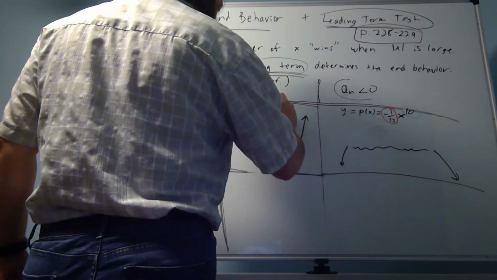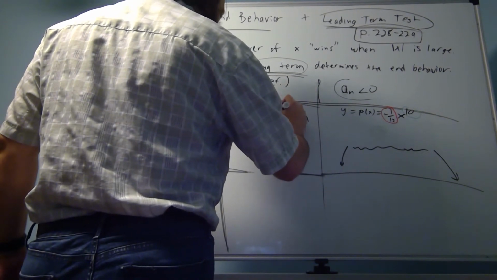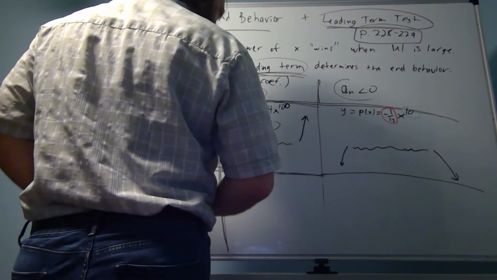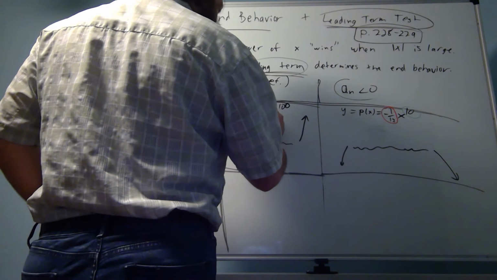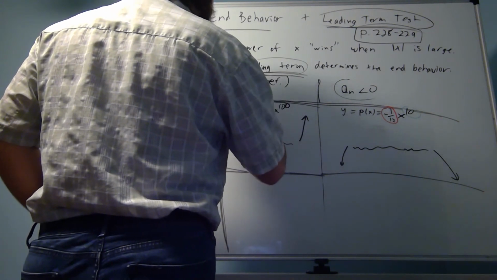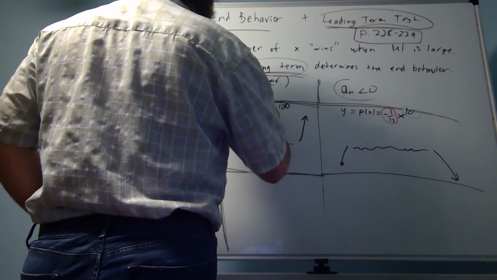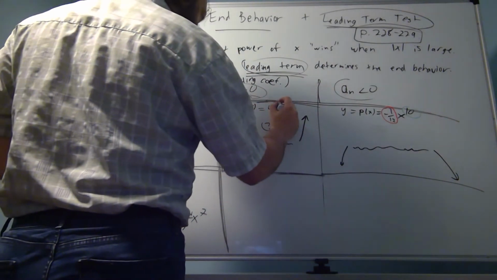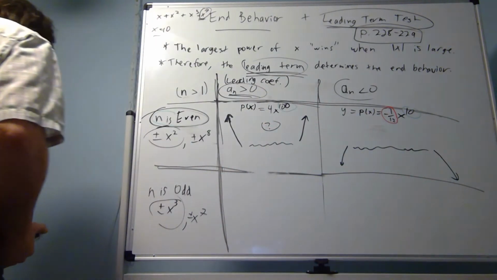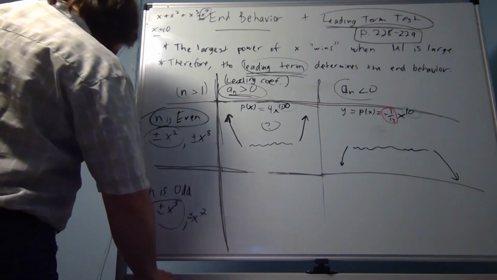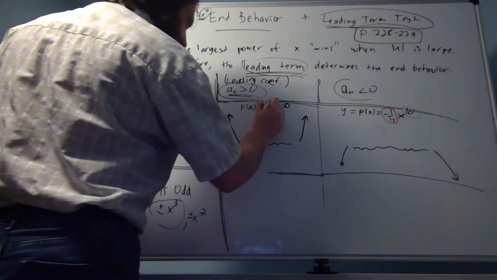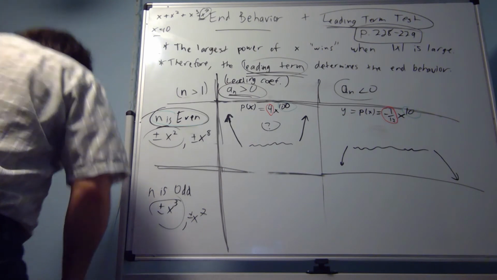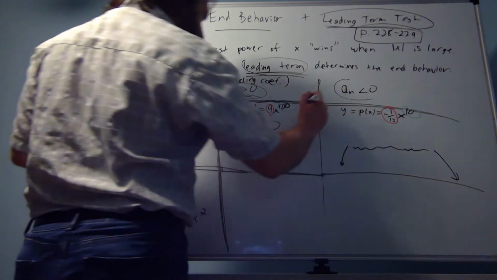So here this could be, I don't know, 4x to the 100th. Well, that one's going to blow up really, really quickly, for sure. But if P of x is an even power, even degree, and leading coefficient positive, that's all we need to know for the end behavior.